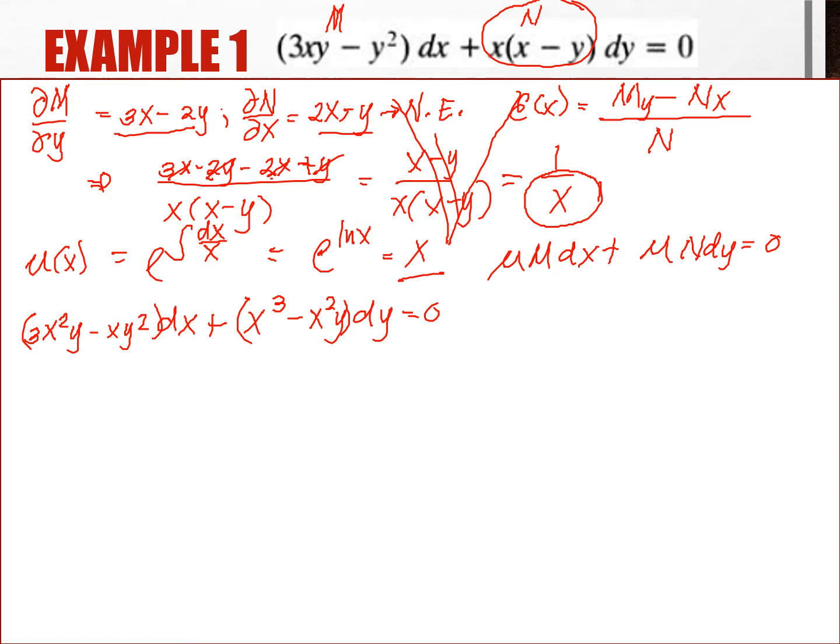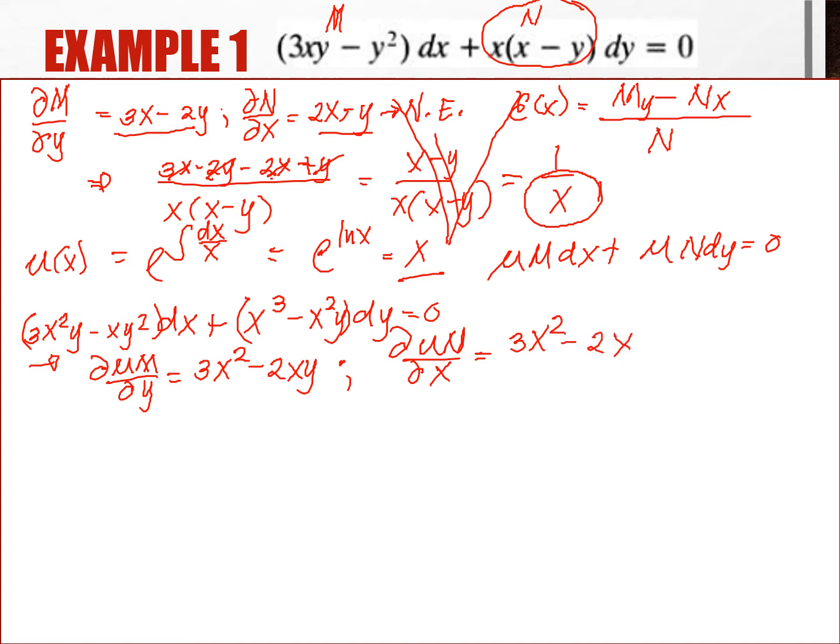So we test this for exactness. So this one, the partial derivative of mu M with respect to y, is equal to 3x squared minus 2xy. On the other hand, we have the partial derivative of mu N with respect to x, which is equal to 3x squared minus 2xy.